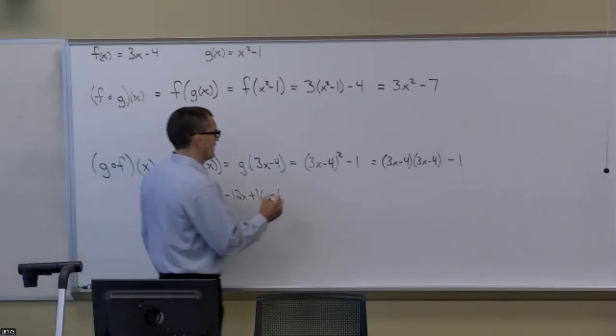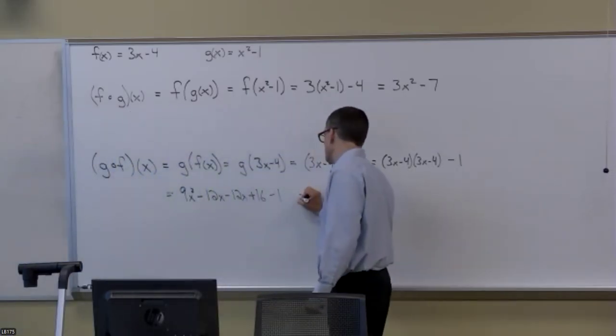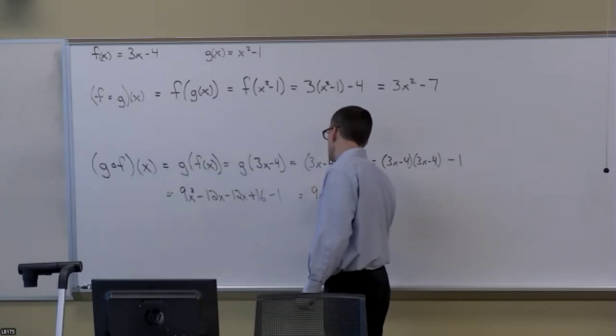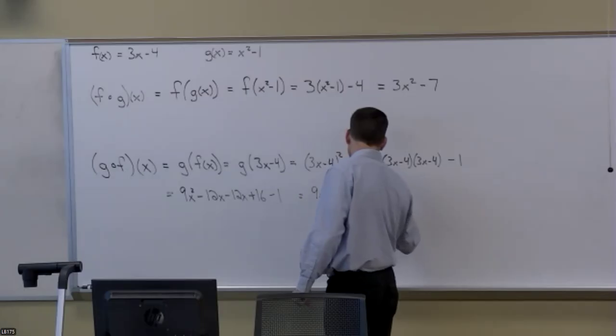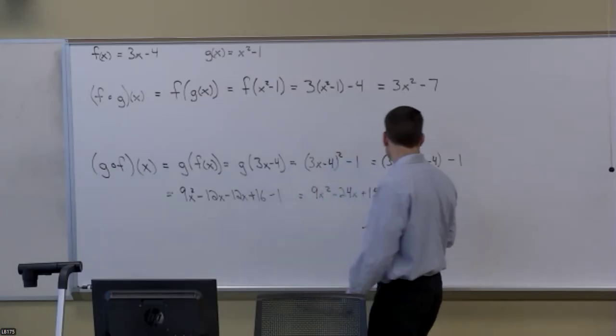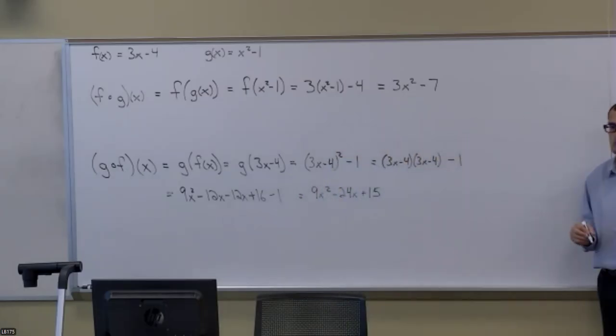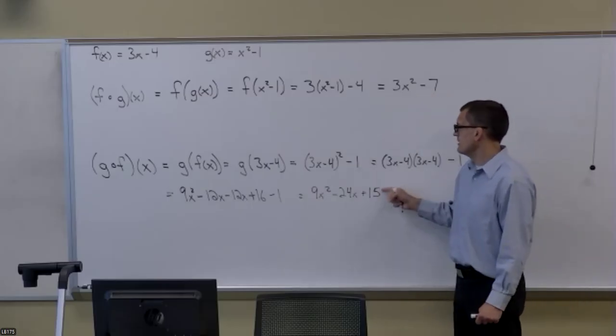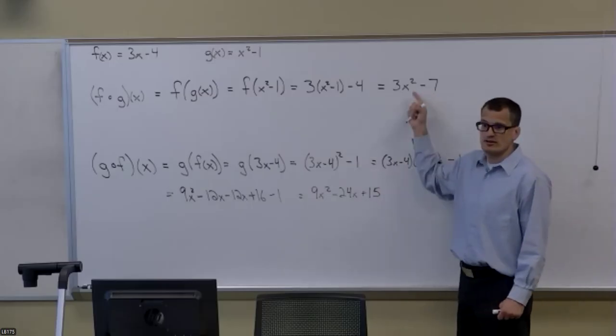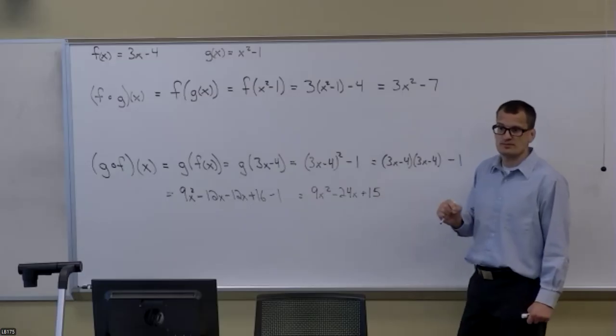And so the final simplified answer would be 9x squared minus 24x plus 15. Okay. Notice that obviously these are 2 very different expressions.